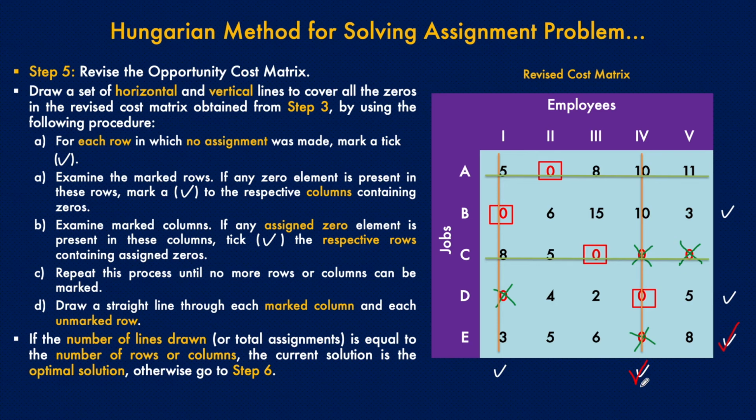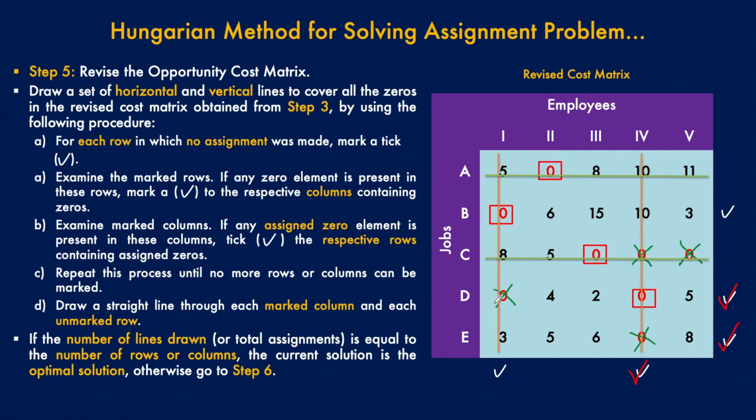Immediately after this marking, you observe this particular column. Is there any 0 assigned? Yes, we have assigned this 0. So you mark this particular row. This is the third tick mark. So now you have identified this row by observing this assigned 0. Once you put this row wise tick mark, you have to observe the entire row. Is there any other 0 element present? Yes, we can see one 0 element here.